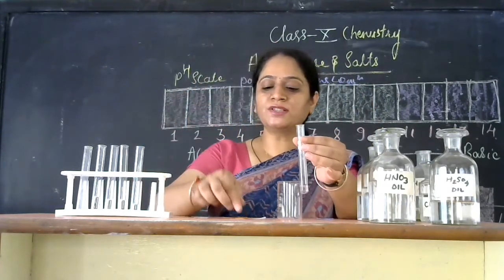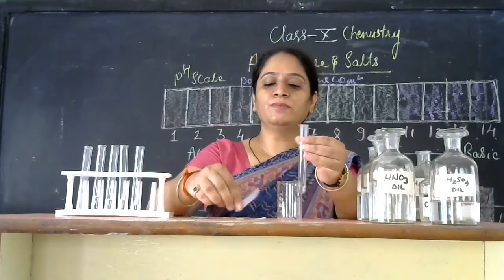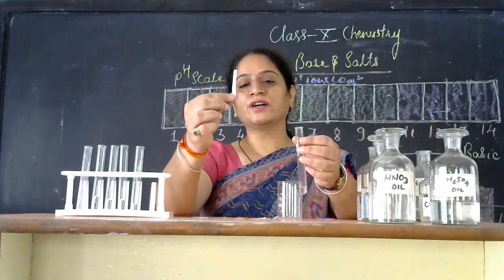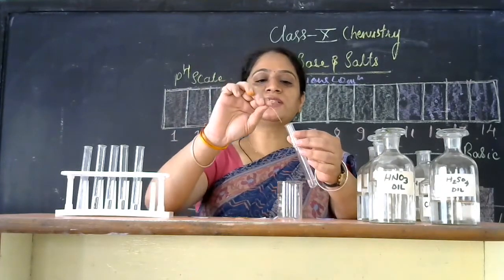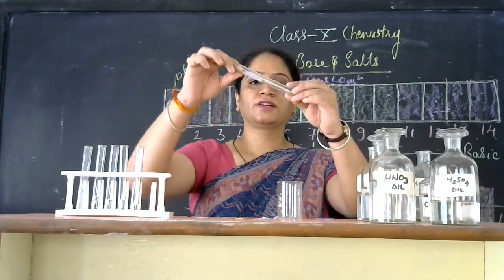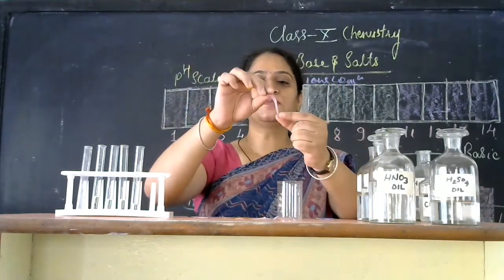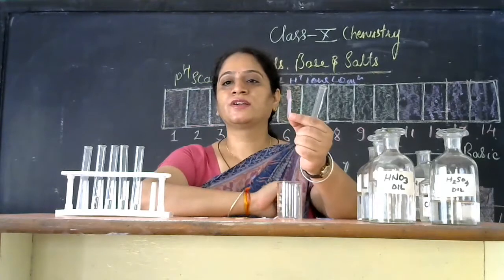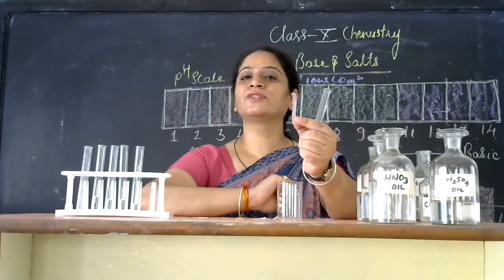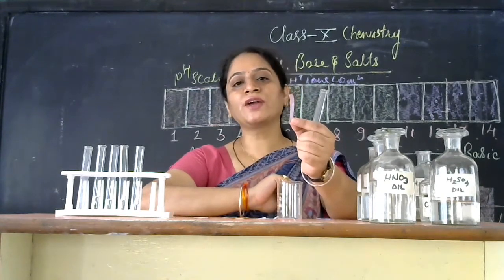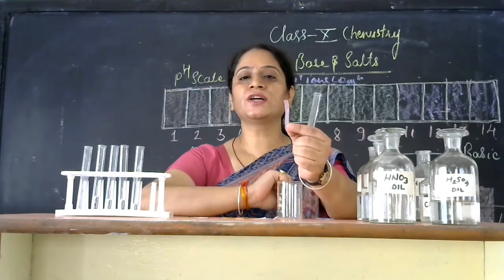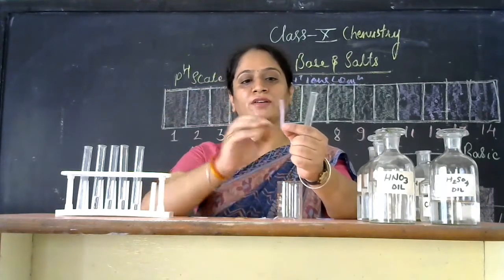But when I insert blue litmus inside an acid, then what happens? You see the change. It changes blue litmus red. This is the simple test by which we can identify acids, because they are sour in taste and release hydrogen ion concentration in the solution, so they change the blue litmus to red.